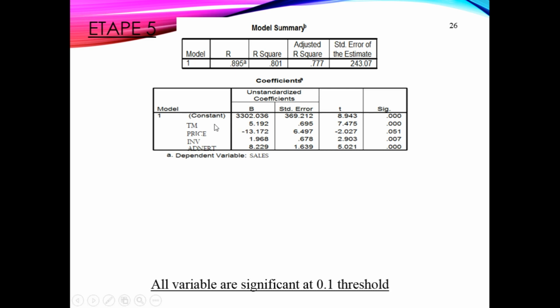So let's look at total market. We see that the total market coefficient is 5.19%, which is significant at the 10% threshold. That means that if the total market increases by 1%, the sales will also increase by 5.19%.